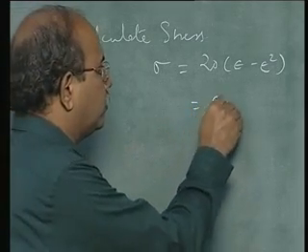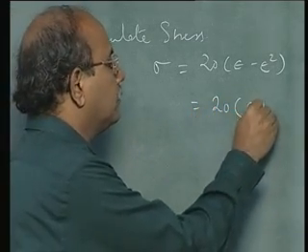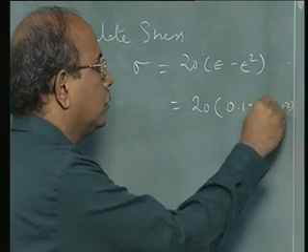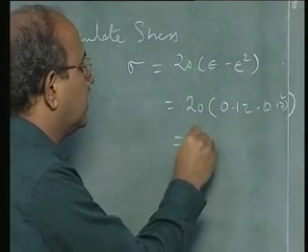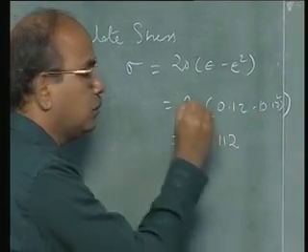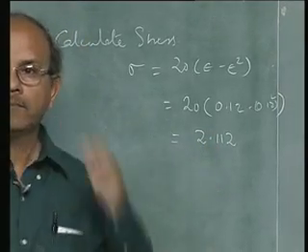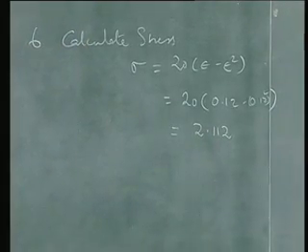So that happens to be 20 into epsilon, you put that 0.12 minus 0.12 squared, and that happens to be 2.112. So clear? Have a look at it.